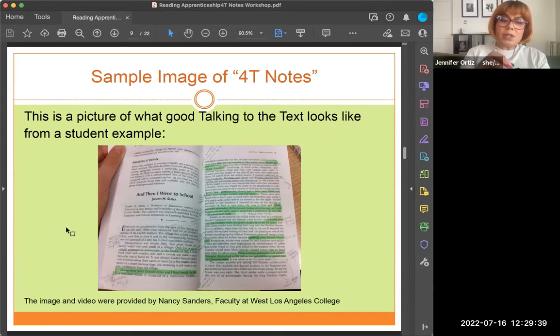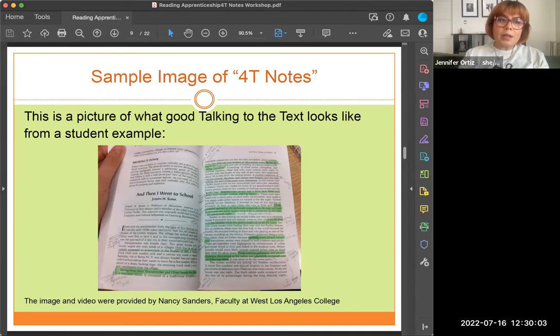For a lot of students, this is too much and a little distracting, so they would rather write their notes on a separate sheet of paper. You can do that as well, or write directly onto your reading assignment, or use an app where you can annotate what you're reading. So this is an example of taking 4T notes.